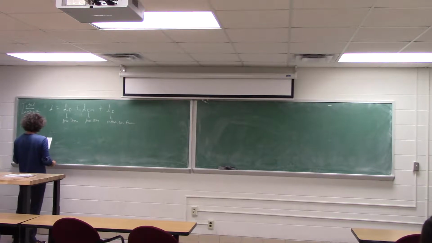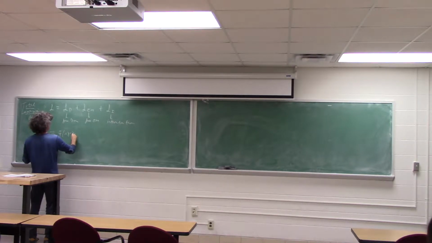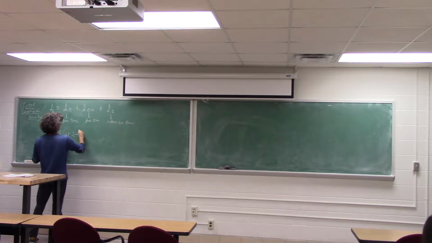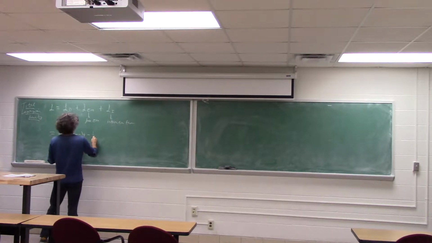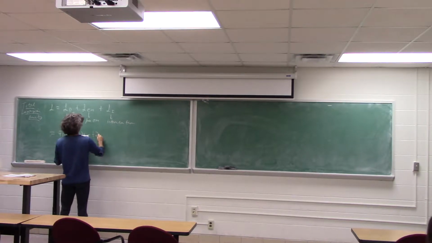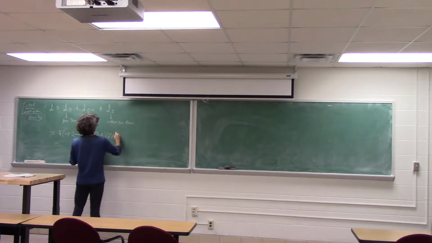The free Dirac Lagrangian density is psi bar i gamma mu d mu minus m psi, minus a half d mu A nu d mu A nu.